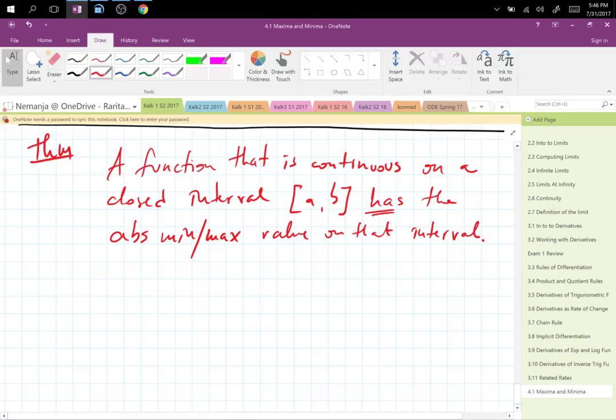So if your function is on the closed interval, you have a chunk of a function, you definitely have a min, definitely have a max.